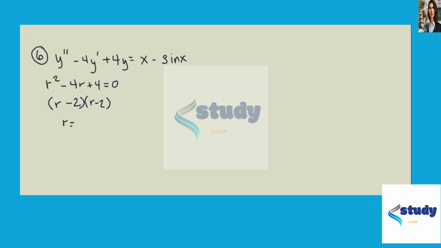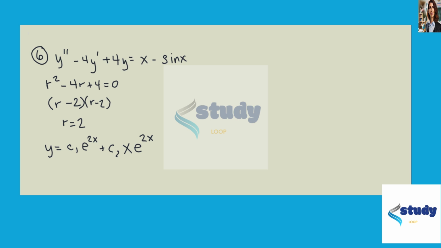So r equals 2, and r equals 2, which gives me a general form of c1 e to the 2x plus c2 x e to the 2x, because when we have the r repeated, our second term has the x in it.